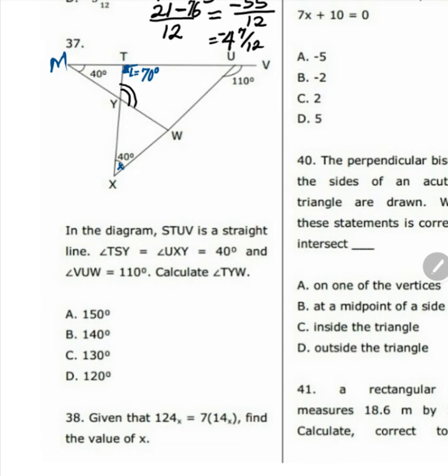In this case now, the opposite interior angles we are considering are these two angles. So 40 here plus the angle, let's say W, will be equal to 110. So to get W, we simply say 110 minus 40, and that will still be 70 degrees.